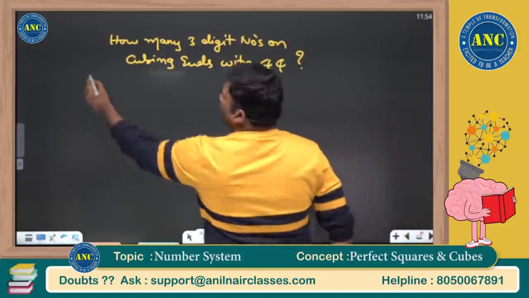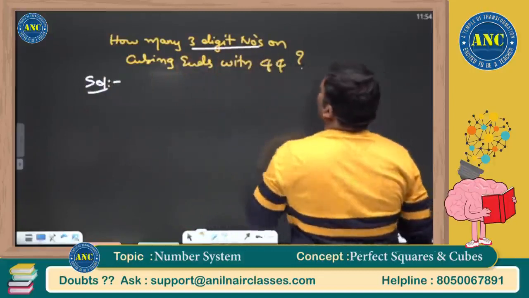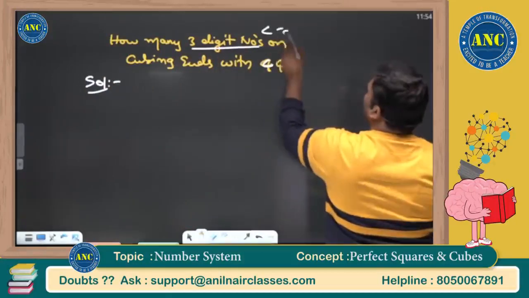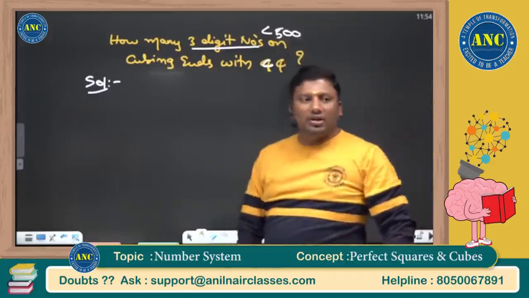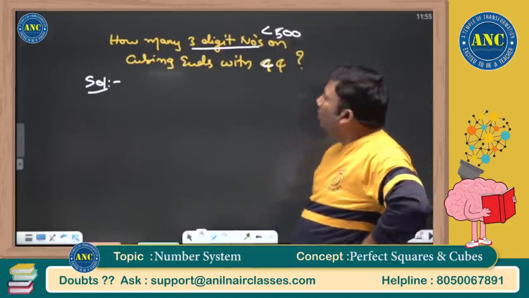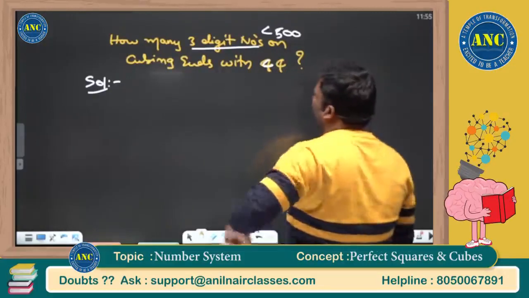Step number one. It is a three-digit number. Let me take three-digit numbers less than 500. How many three-digit numbers less than 500, on cubing, end with 44?